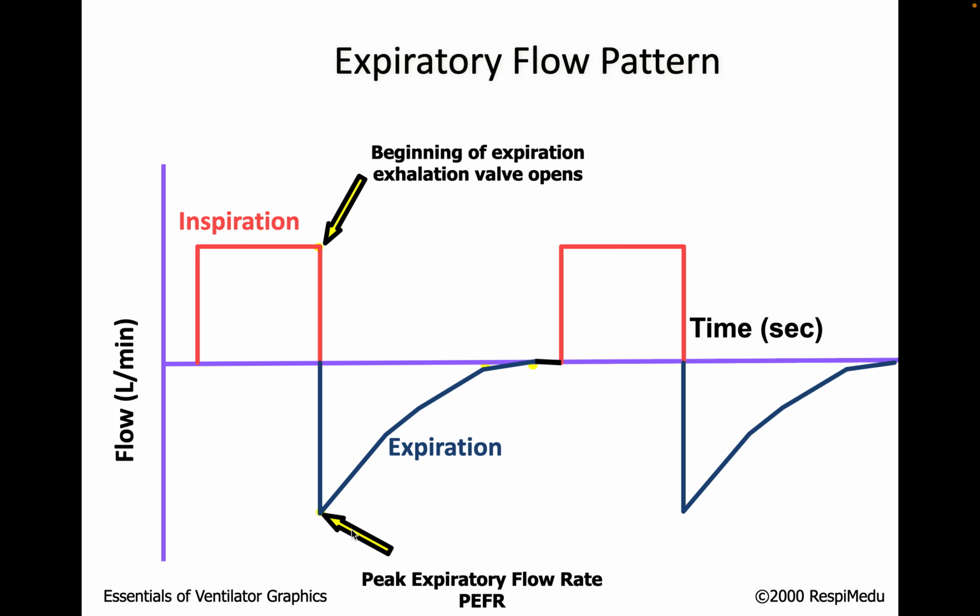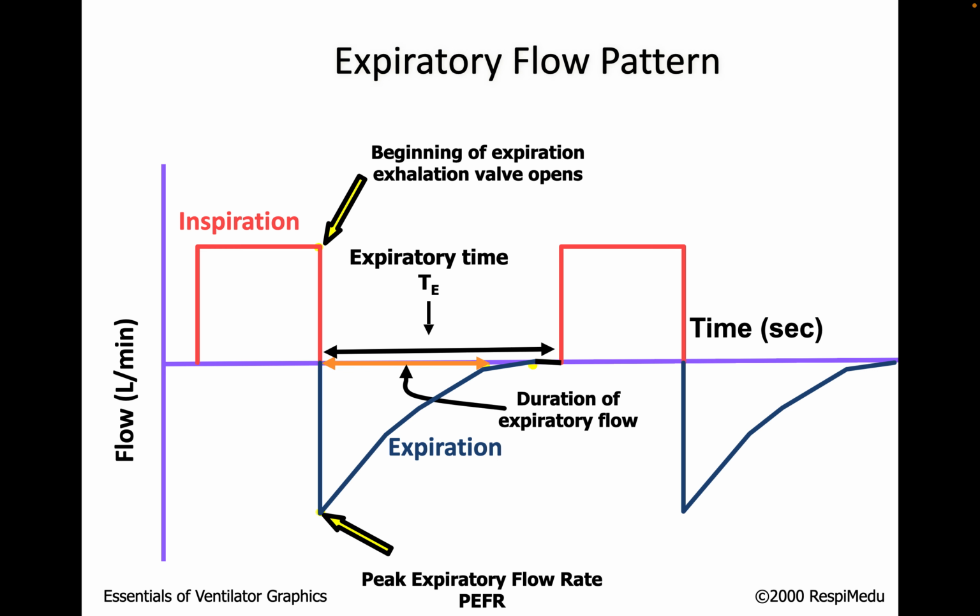This particular point, the highest negative point on the expiration, is the peak expiratory flow rate. Similarly, this point is the peak inspiratory flow rate, and this is the duration of expiratory flow. So this is the total expiratory time, and this is the duration of the expiratory flow.